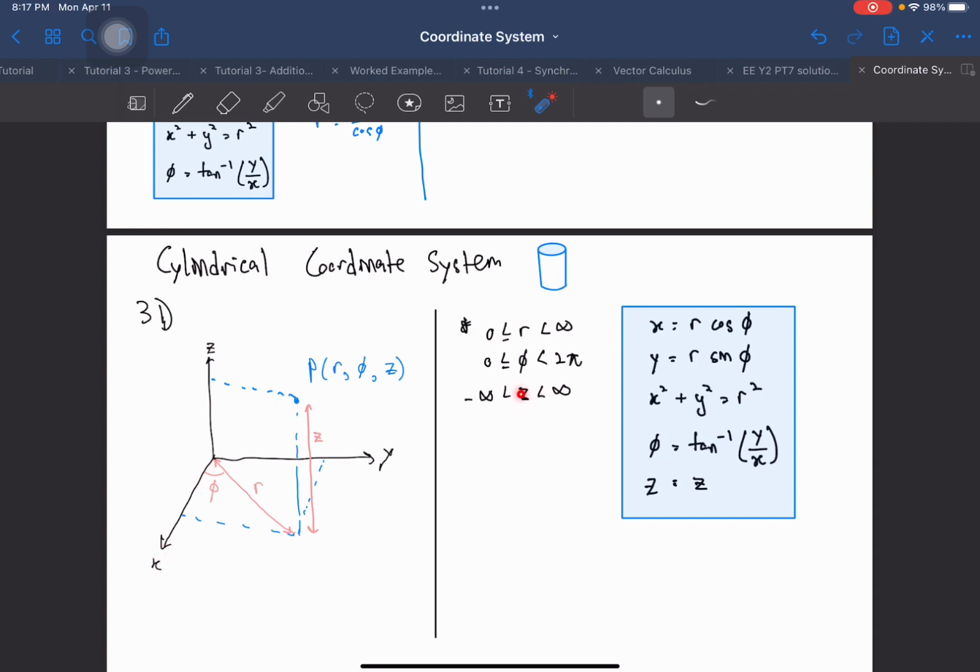Your z can be any number from negative infinity to infinity, and your r and phi limitations are the same as the polar coordinate system, since this circle is the polar coordinate system. From these equations, the derivation is the same as the polar coordinate system, and z is just z, where we don't revert it to anything.